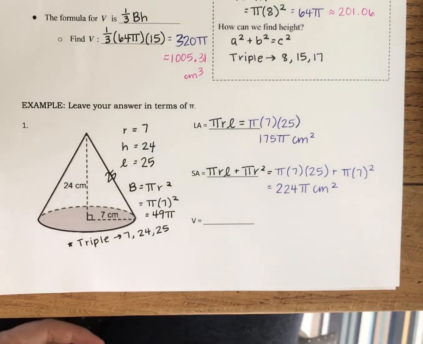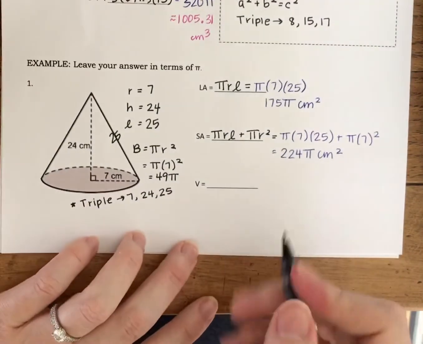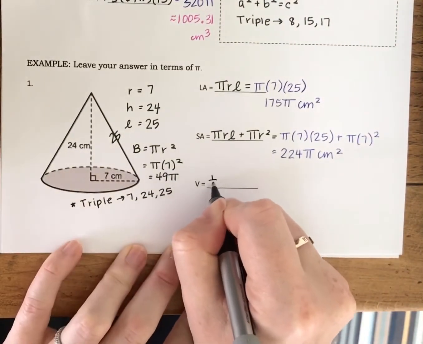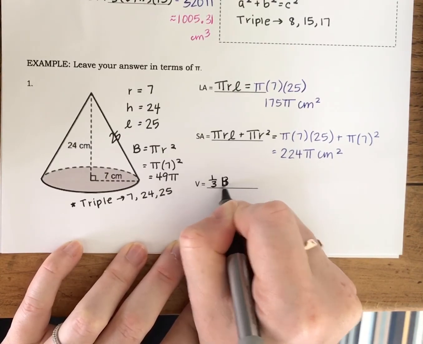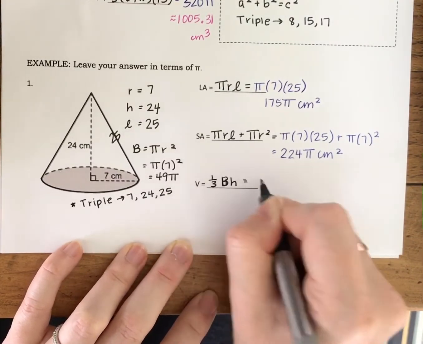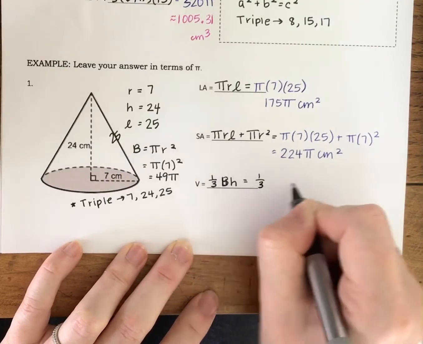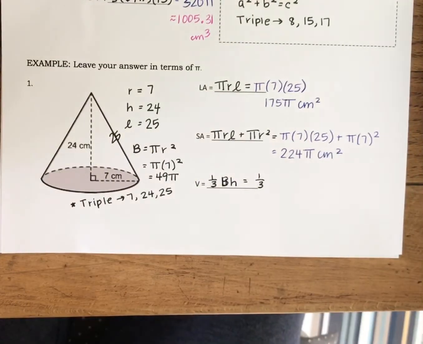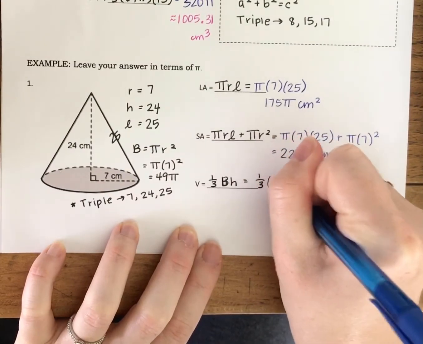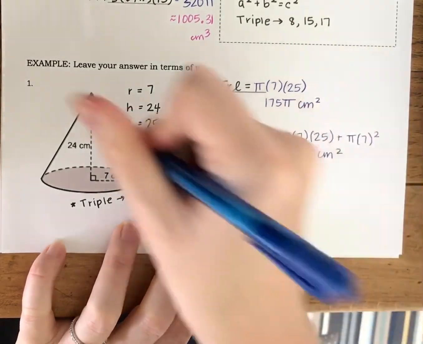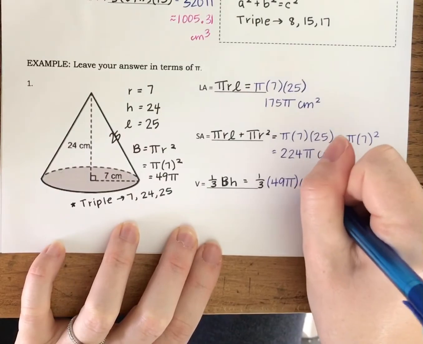And lastly, the volume is 1/3 capital B times H. All right, so plugging that in, we'll have 1/3 times capital B, which is 49 pi, times the height, which is 24.